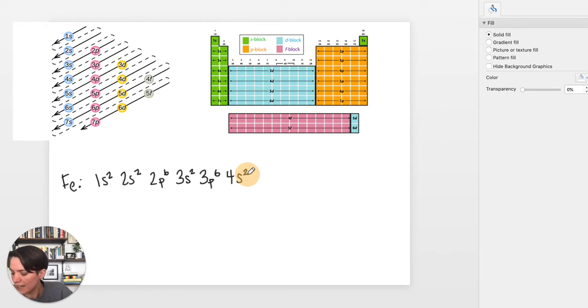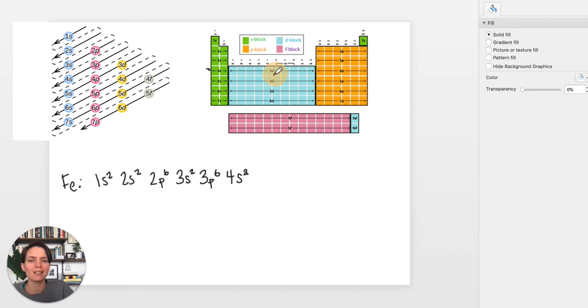And now this is the cool part. If you look up at this figure here, we have 4s, and then my d has a lower n number. So a really interesting thing is happening here. These d orbitals have electrons that are further away from the nucleus. They're really high energy.